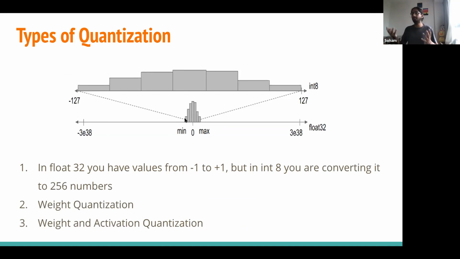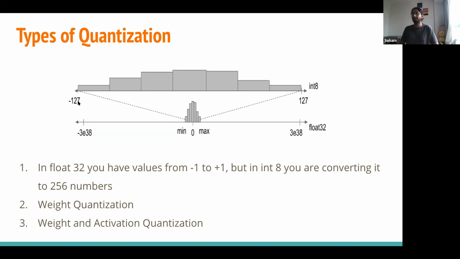What we're trying to do is take this neural network with floating point values. Remember, in neural networks the weights are usually centered around 0, and the range is usually from, say, -1 to +1. We're trying to take that very small range, where the precision is really high, to the range of -127 to +127.